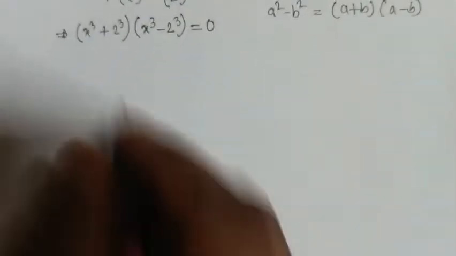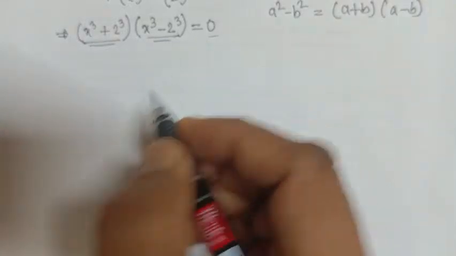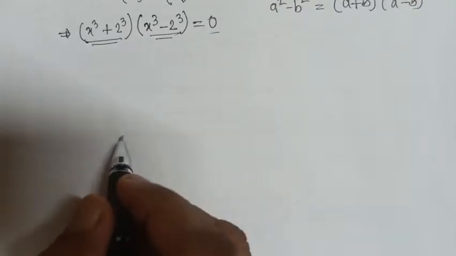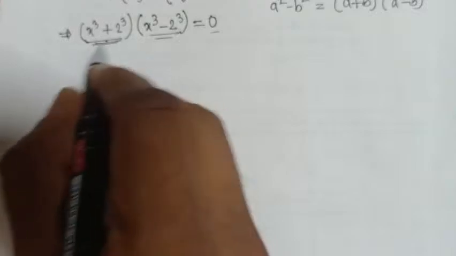Now we are getting these two expressions as a product equal to 0. So we know if the product of two expressions is 0, then either one should be 0 or this should be 0.